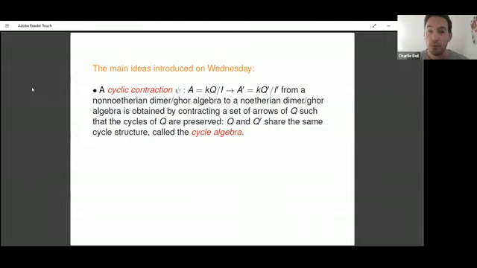A cyclic contraction psi from a non-Noetherian dimer or Gore algebra to a Noetherian dimer or Gore algebra is obtained by contracting a set of arrows of Q such that the cycles of Q are preserved. So you contract some number of arrows such that the cycles in the quiver are preserved. And so Q and Q prime share the same cycle structure, called the cycle algebra.